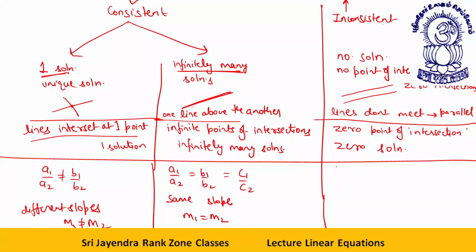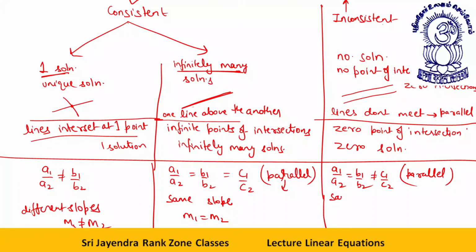Here also you have a1 by a2 equal to b1 by b2 but not equal to c1 by c2. These lines are parallel. These lines are also parallel. They have the same slope, m1 is equal to m2.